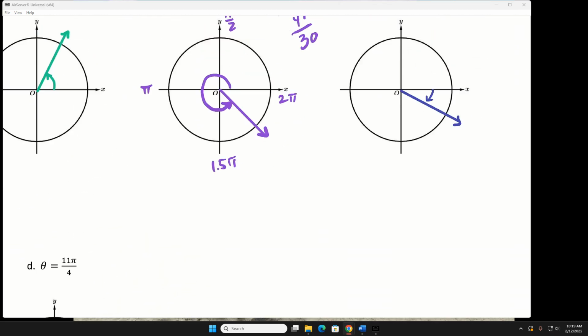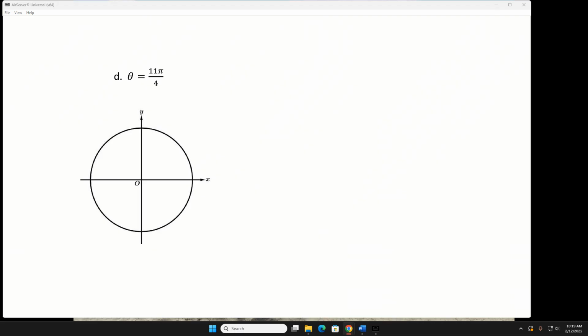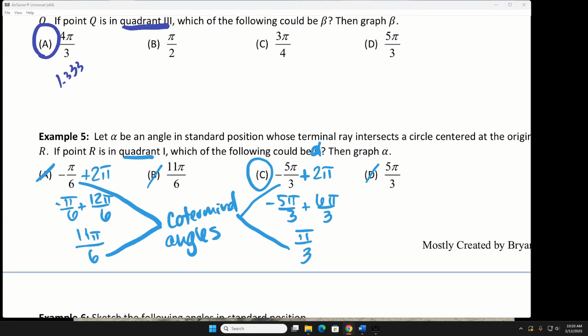All right, so now the last one we're going to do is 11 pi over 4. If I take 11 and I divide it by 4, is that going to be something between 0 and 2 pi? No, it's bigger than 2. So 11 divided by 4 is bigger than 2. So what I need to do is find a coterminal angle, kind of like what I did here. But what do you think I should do with the 2 pi?